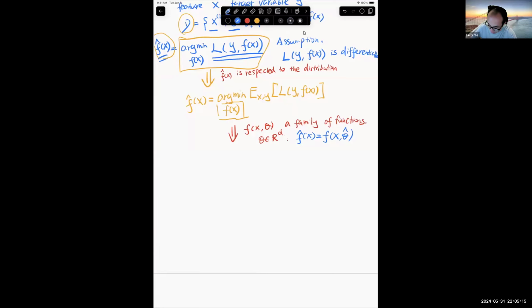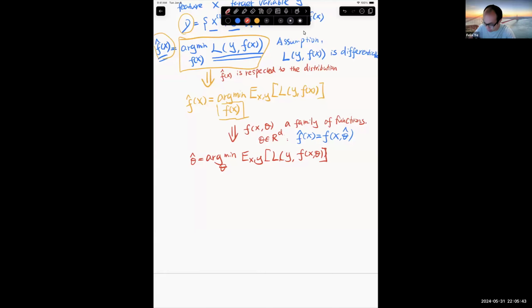So this whole thing becomes finding this optimal parameter instead: argmin over theta of the expected value over x and y of the loss function L between y and f(x; theta).